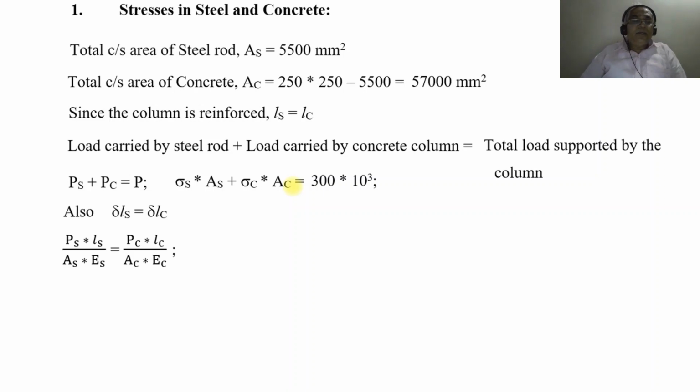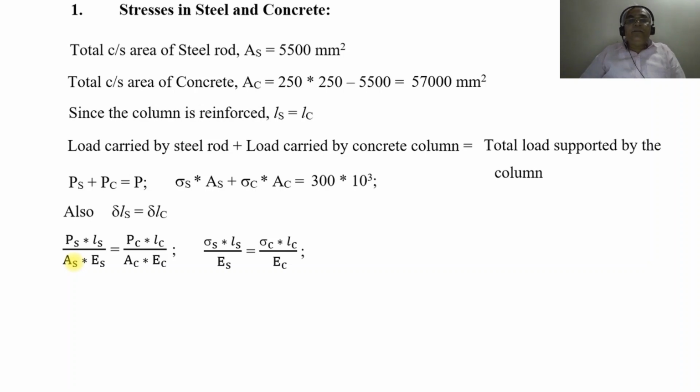So that is what I have expressed here. But we know that PS by AS is nothing but the stress. So sigma S into LS by ES is equal to sigma C into LC by EC. That is what we need to write here.